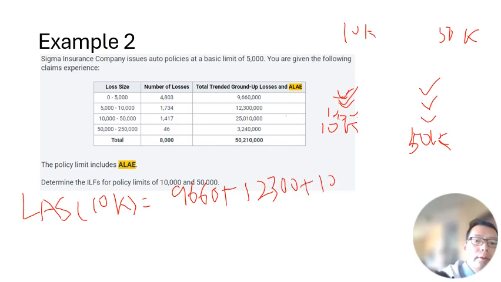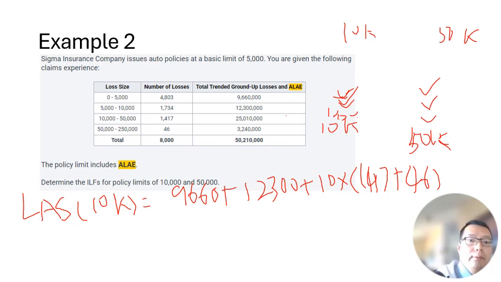Then starting from the third category, you use the actual claim number times the 10K, divided by 8, because there are 8,000 losses, and this will give you 4573.75.